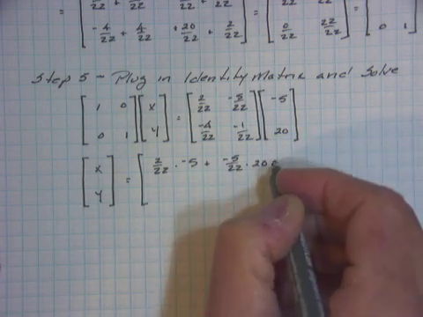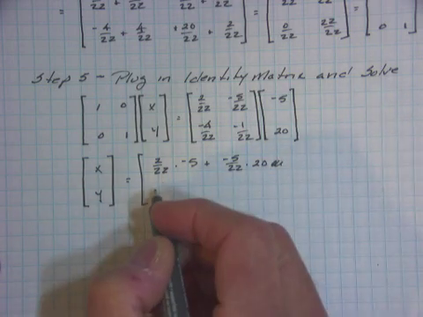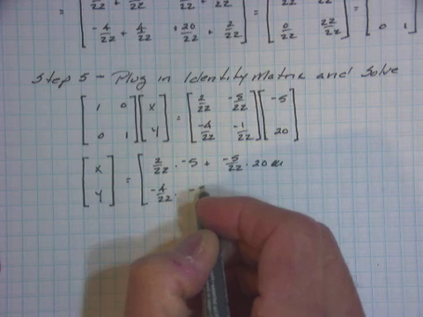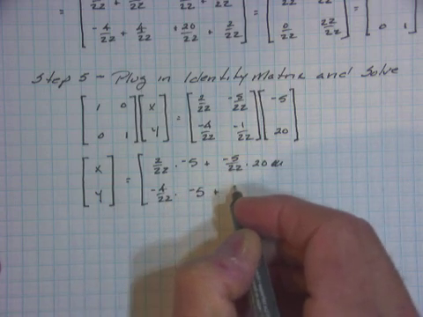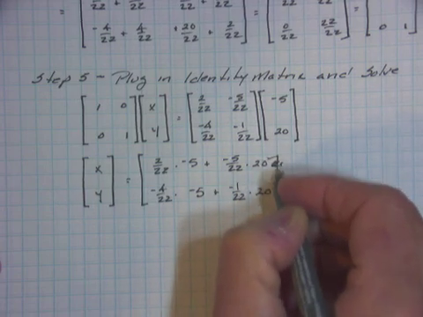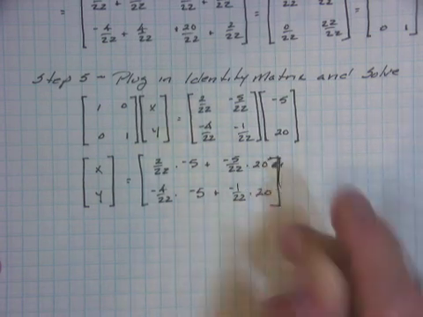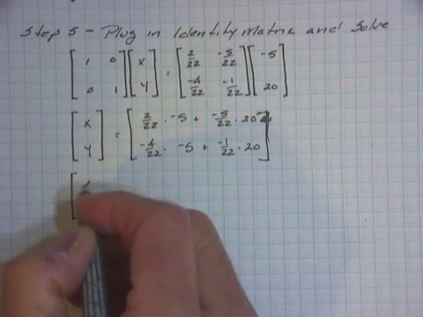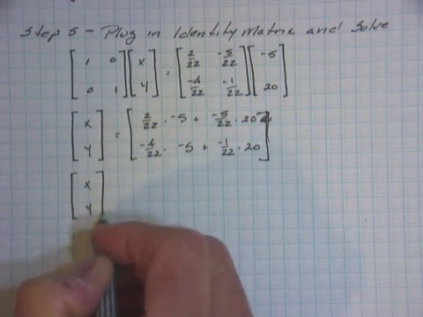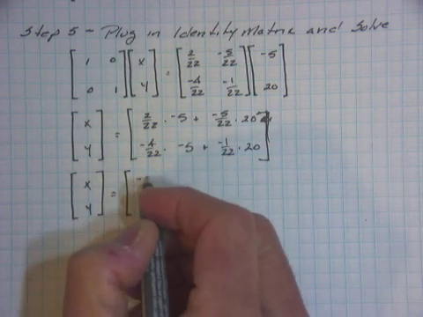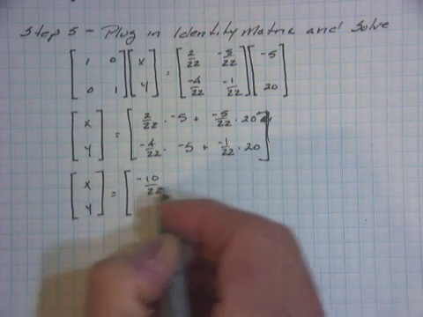So what we've got is 2 over 22 times negative 5 plus negative 5 over 22 times 20. Why did I put 200? I don't know. And then we've got negative 4 over 22 times negative 5 plus negative 1 over 22 times 20. Okay, let's just ignore the blob.